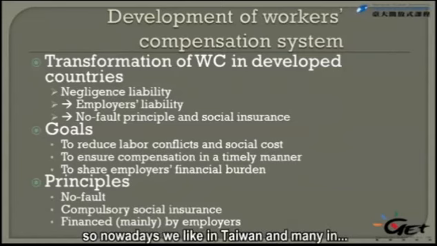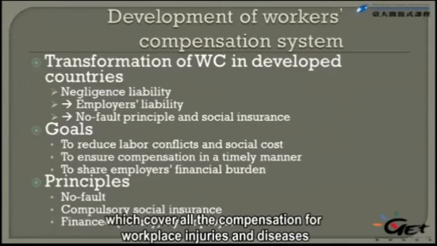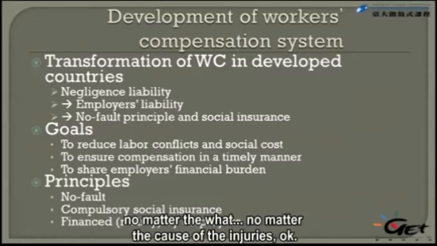So nowadays, like in Taiwan and maybe in most of the developing countries, we have the social insurance which covers all the compensation for workplace injuries and diseases, no matter the cause of the injuries.